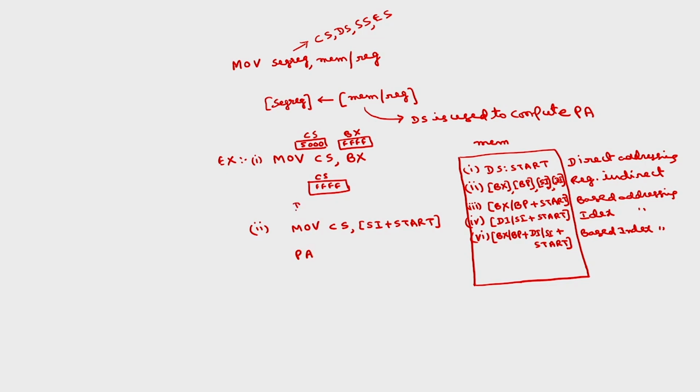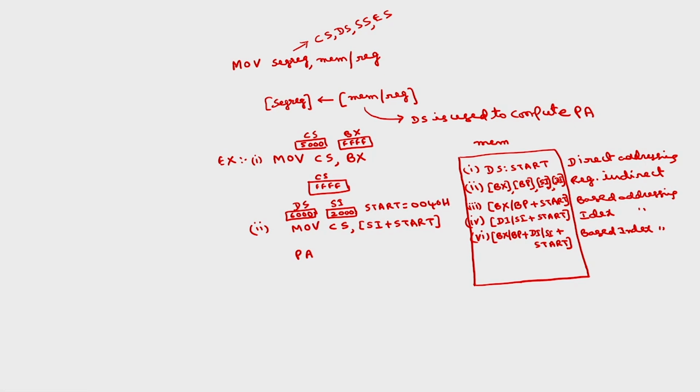If the contents of DS is 6000, say, then what else is required? SI is required. SI is say 2000. Let start be defined as 0040. Yesterday also I took the same value, I think.